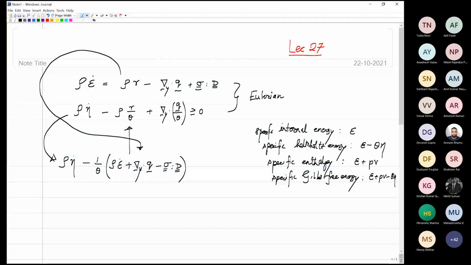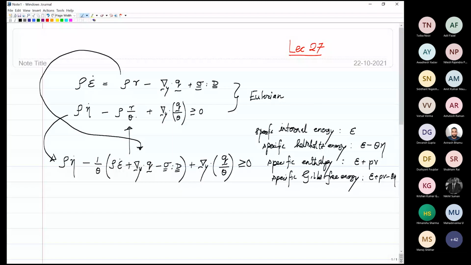And then the remaining thing, divergence of q by theta, is greater than or equal to 0. So this is a way to eliminate r from the second law.